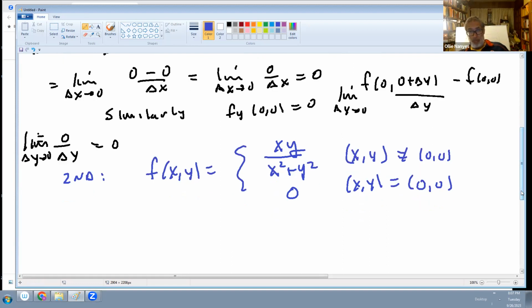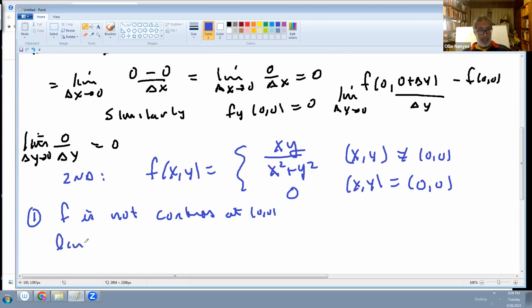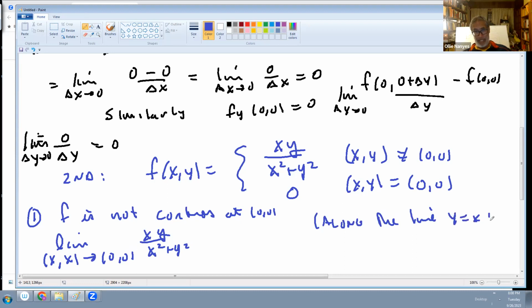And as we know, first thing is f is not continuous at the origin, because if we take a limit as x y goes to 0, 0 of x y over x squared plus y squared, and this is along the line y equals x, this is a limit as x goes to 0, 0.